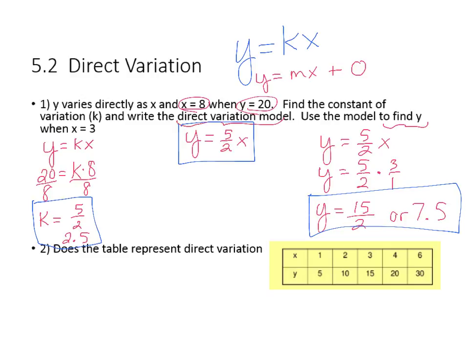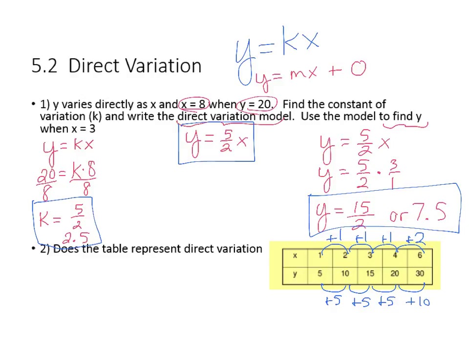Let's check that on this one. The change in y appears to be, oh, that's tricky, +5, +5, +5, and then it went +10. Be careful there. The x went plus 1, plus 1, plus 1, and then it jumped a plus 2.